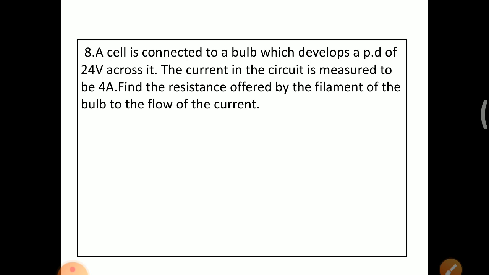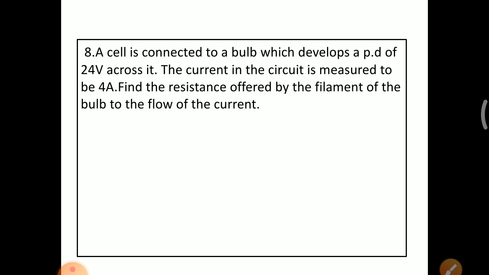And the eighth question, a cell is connected to a bulb which develops a potential difference, PD, that is nothing but potential difference, of 24 volt across it. The current in the circuit is measured to be 4 ampere. Find the resistance offered by the filament of the bulb to the flow of the current.